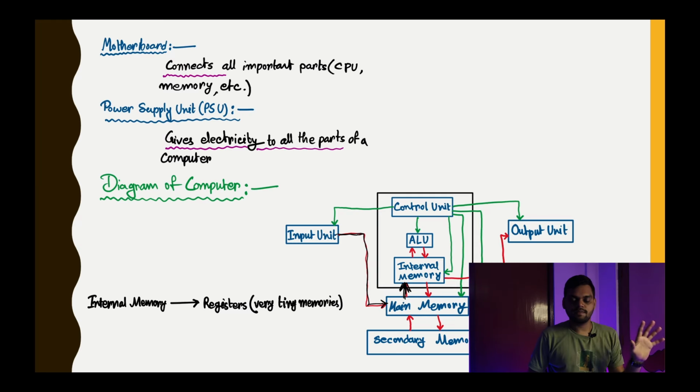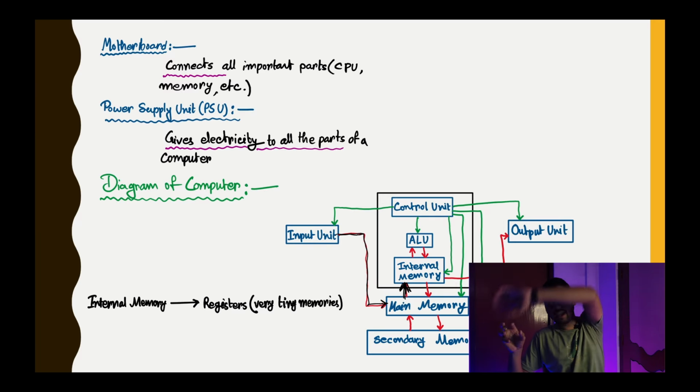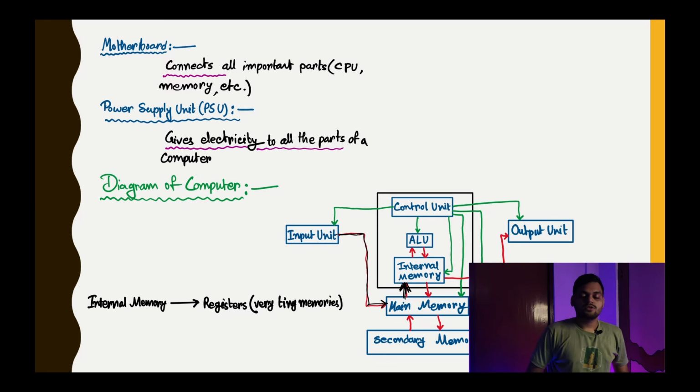This is the whole system. And the control unit in the CPU controls each and every part of the system. The control unit controls the input unit, the main memory, the secondary memory, the ALU, the registers, the memory registers, and also the output unit as well. So the control unit controls every part of the computer. Okay.